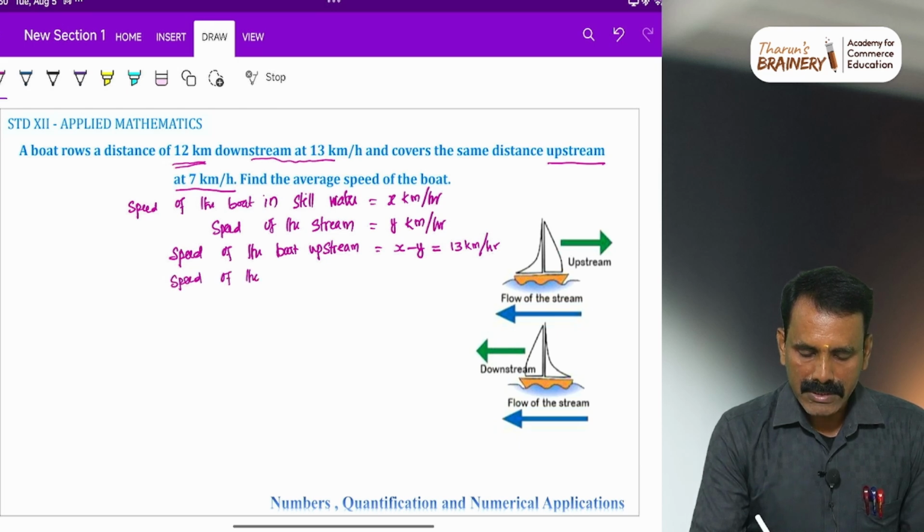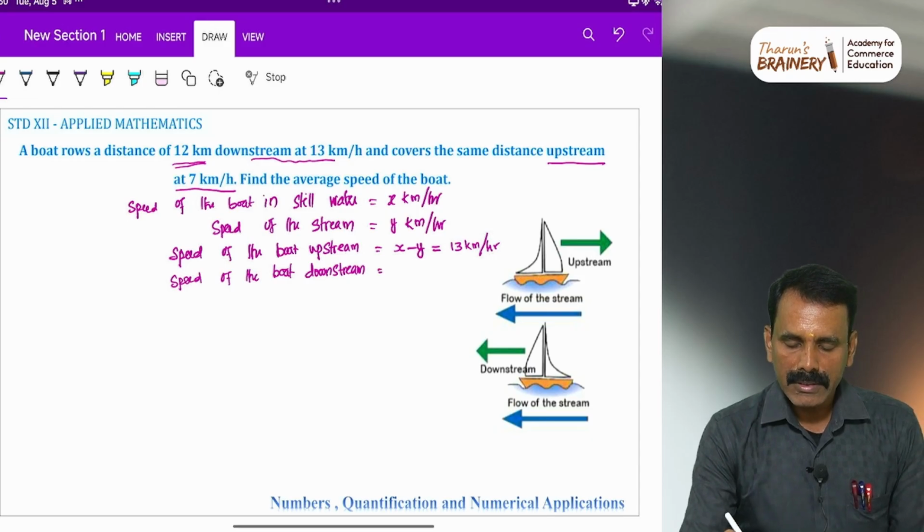Speed of the boat downstream: because it is going to sail along the flow of the water, the speed increases, so it is x plus y, which is nothing but 7 kilometer per hour.